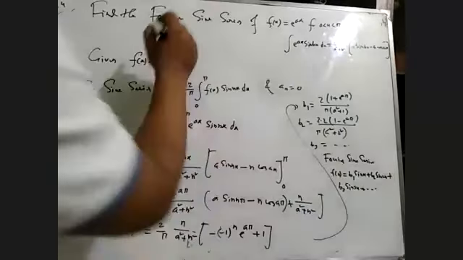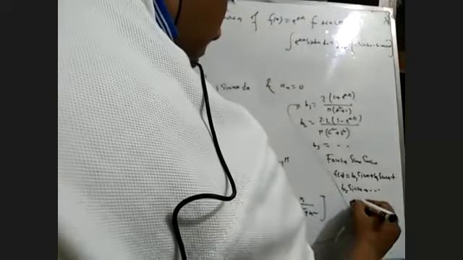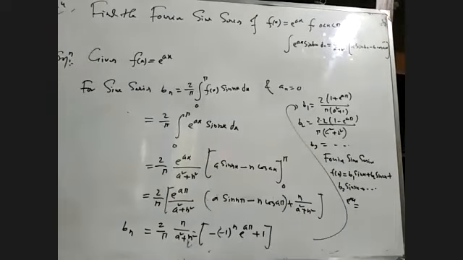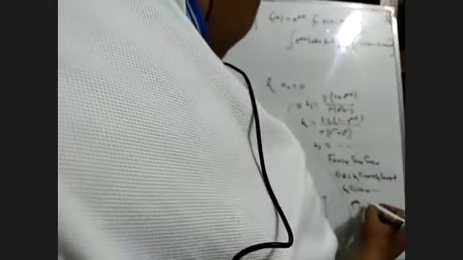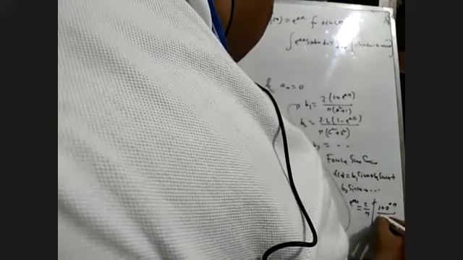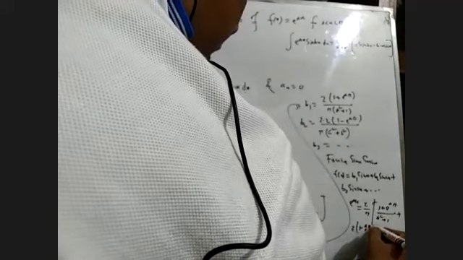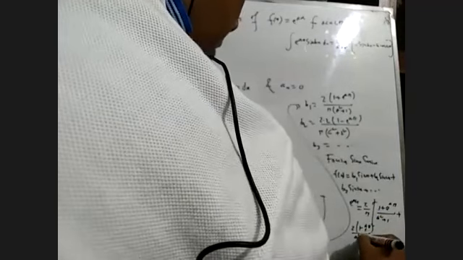So e to the power x equals 2 divided by pi, common for each term, times 1 plus e to the power a pi divided by a square plus 1, plus the next term 1 minus e to the power a pi divided by a square plus 2 square.